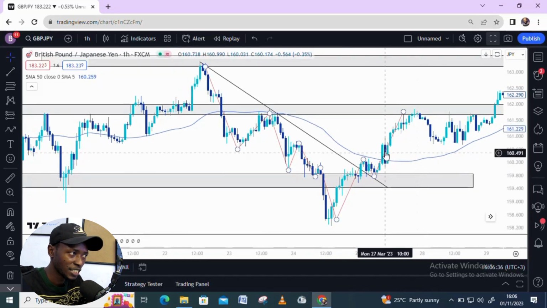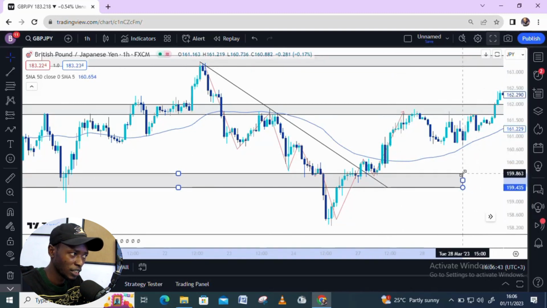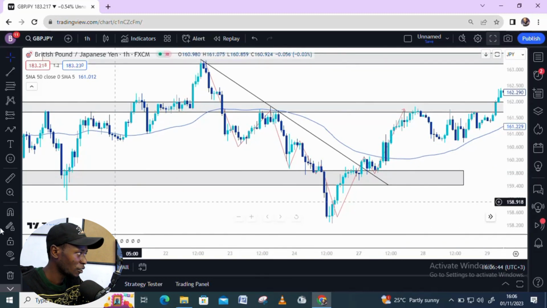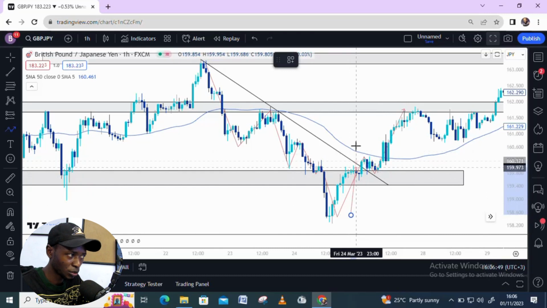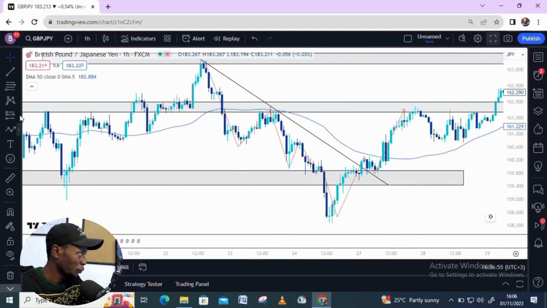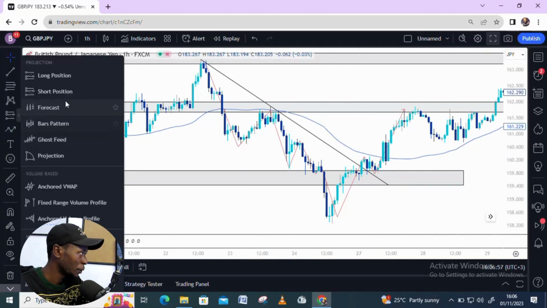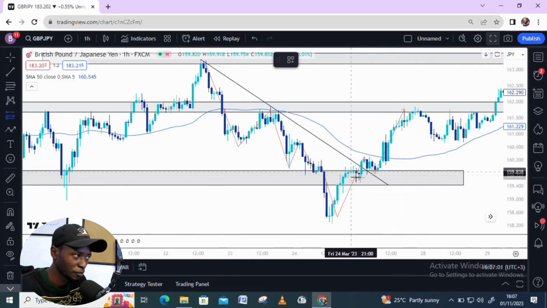So for this trade, this is our support zone. The market is coming from below the support zone and breaking through. Now we wait for the retest. After the retest, we take our nice long entry from this point right here.